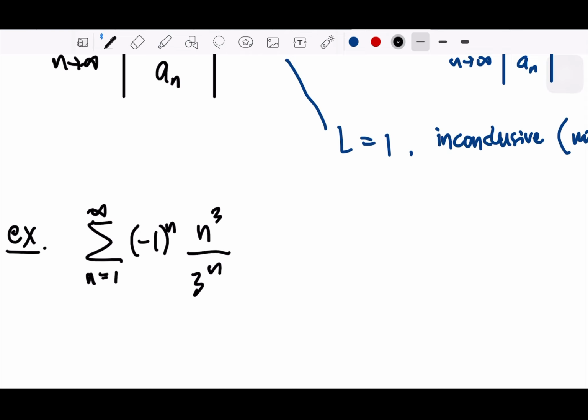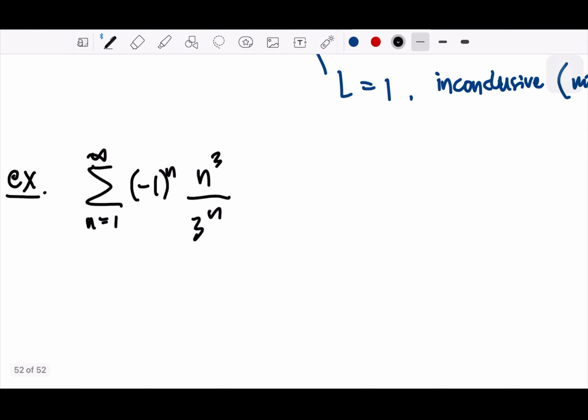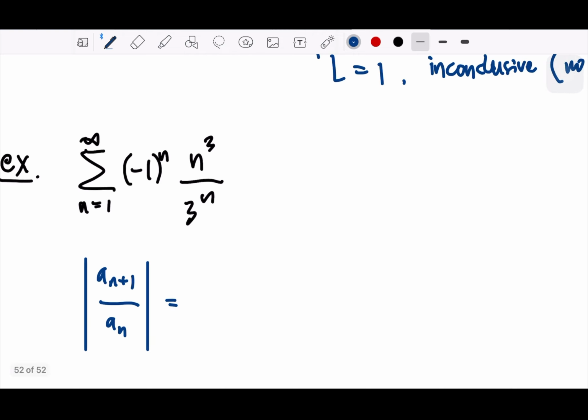So if we try the ratio test, maybe we can define first a_{n+1} and a_n, and since it's absolute value, we can cancel the -1.